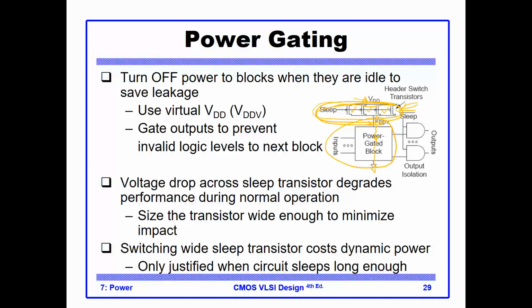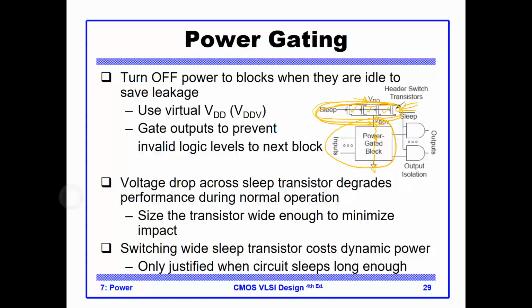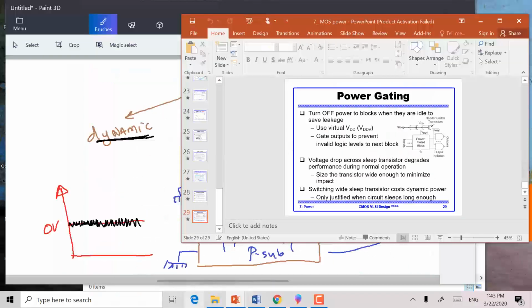So every method has its advantages and disadvantages, and simulation typically is the metric you would use to judge whether to keep this method or not. Okay, with that we finished our discussion of power, where we covered dynamic power and static power for CMOS devices. Thank you very much.